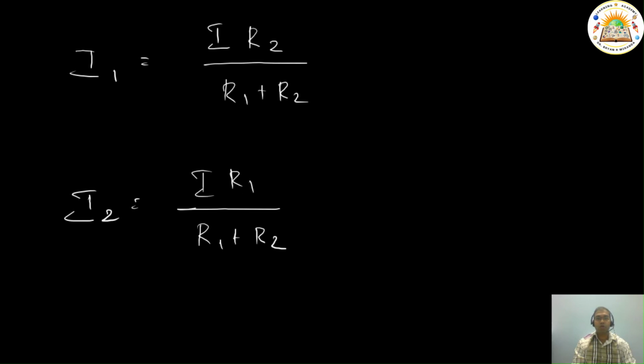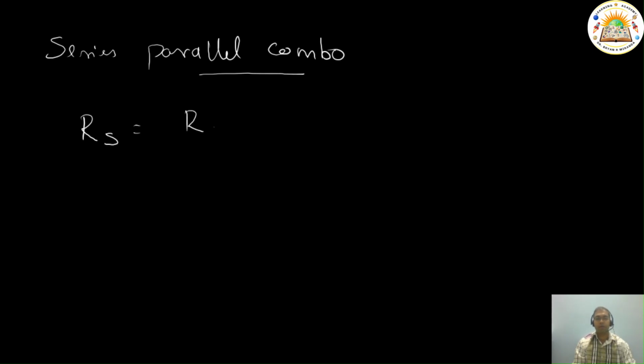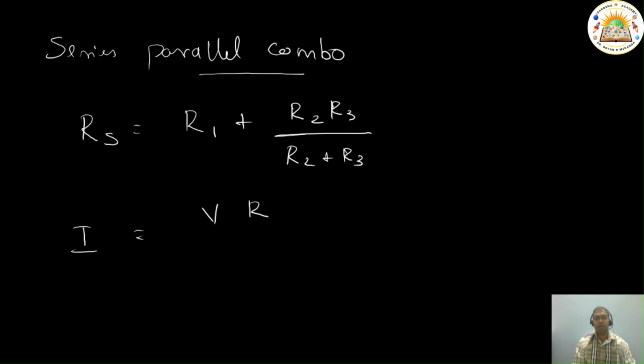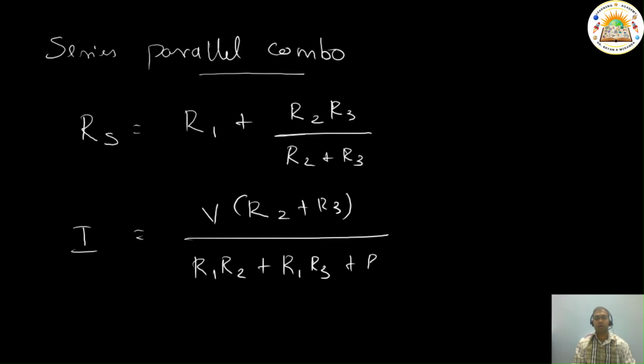So for a series parallel combination, we found the final resistance to be R1 plus R2 R3 by R2 plus R3, and we went ahead and calculated the current, which is nothing but V times R2 plus R3 divided by R1 R2 plus R1 R3 plus R2 R3.